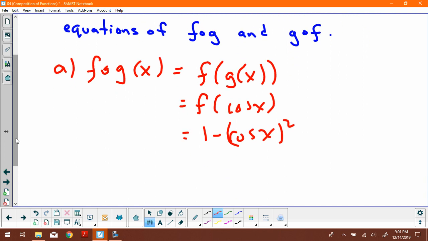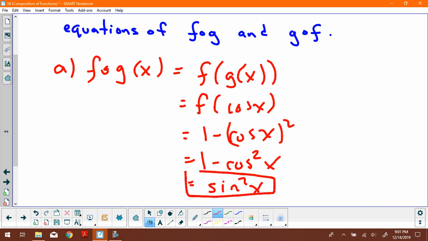Now, we don't normally write it that way. This is 1 minus cos squared x. Digging back into our tricks from trigonometry, that would be equal to sine squared x. So my function f of g of x is actually sine squared x.